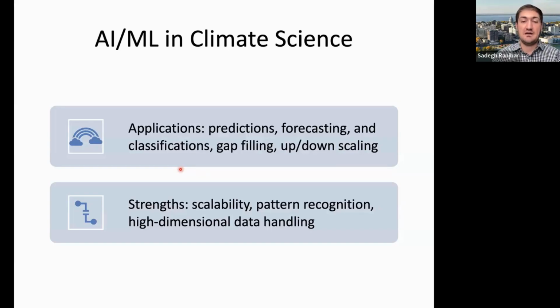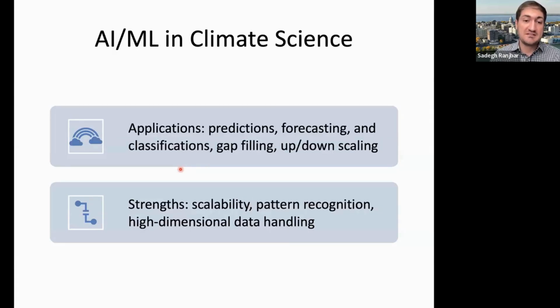They provide a powerful environment for prediction, forecasting, and classification, like land cover, and for gap filling or upscaling and downscaling. So it's a very powerful tool for us to use in climate modeling and monitoring.